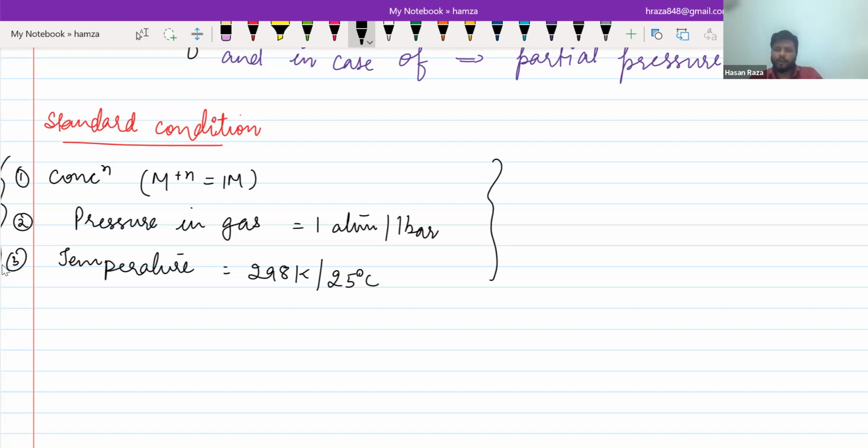And we will use that formula for the spontaneity or feasibility of a reaction or a cell. Let me know when you are done with this.